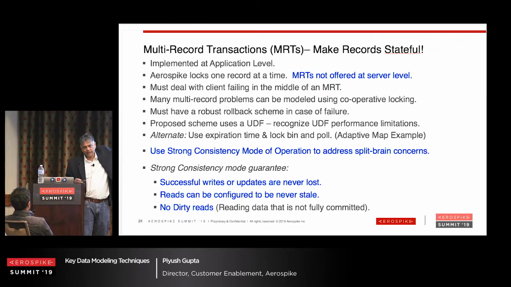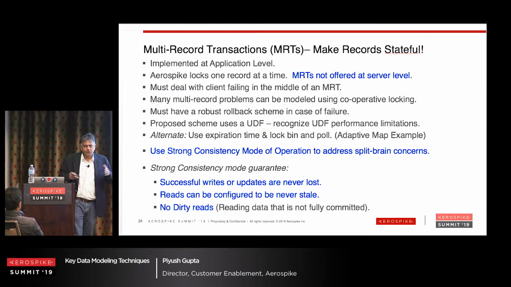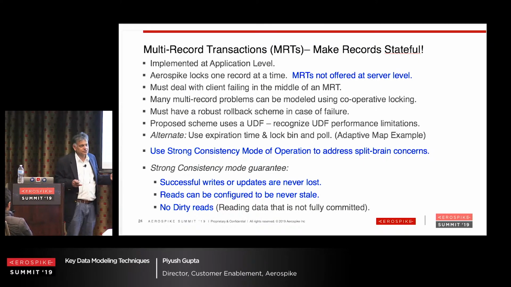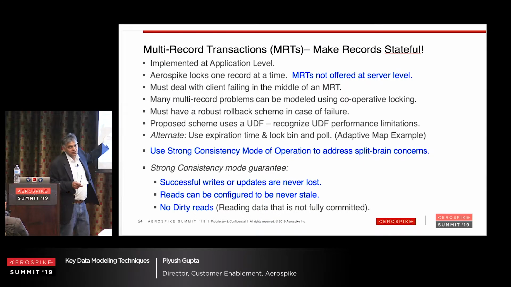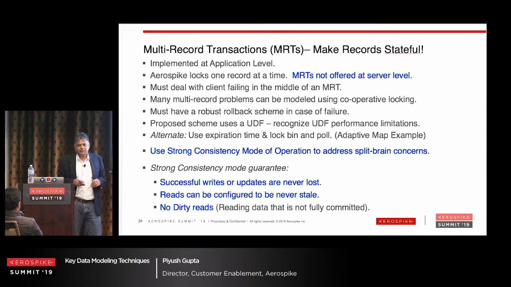So please don't take away from this that I'm saying Aerospike can do multi-record transactions. Aerospike can only do record level transactions. But in an application, you can build in the logic to do multi-record transactions with our strong consistency mode of operation, because for any of these schemes to work, you cannot have split brains.